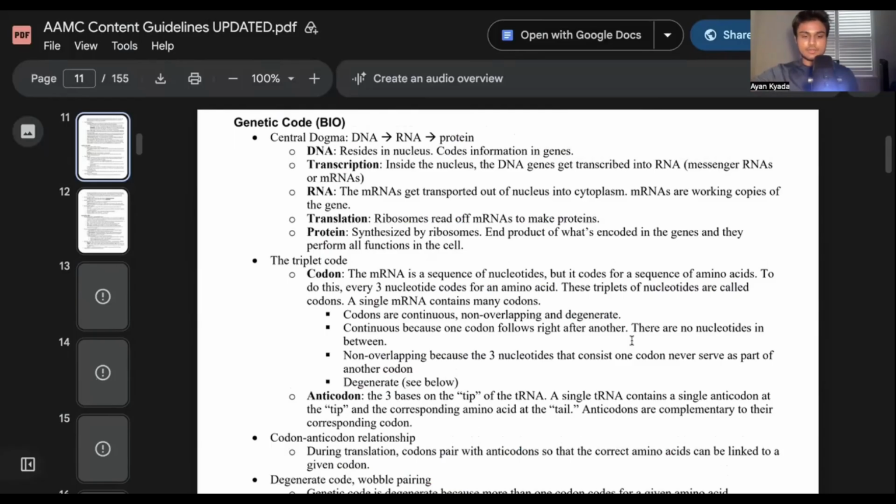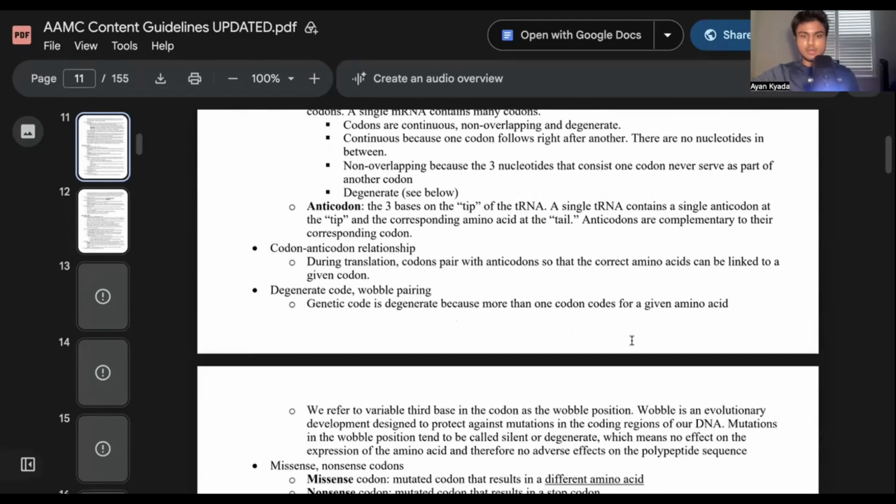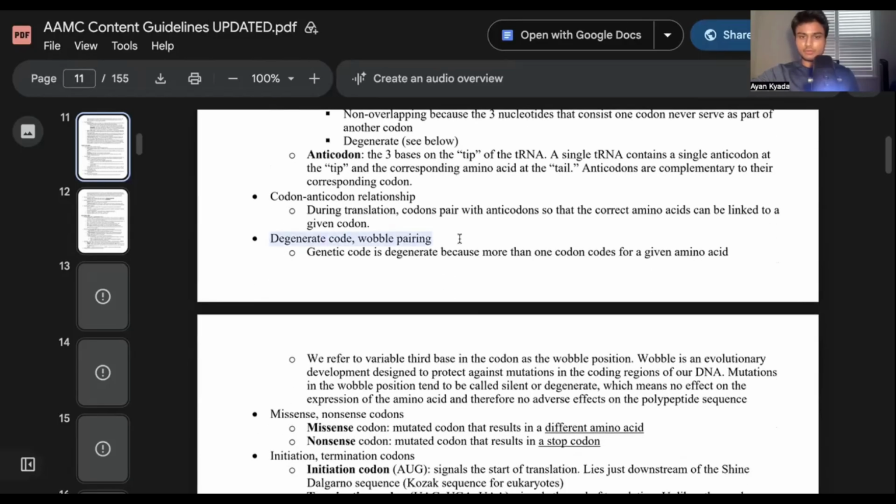And to finish out this last section, you see a couple words: degenerate code and wobble base pairing. Wobble base pairing is essentially referring to the flexibility of the third nucleotide position on a codon. So in general, the codon is locked into complementary base pairing with the anticodon.